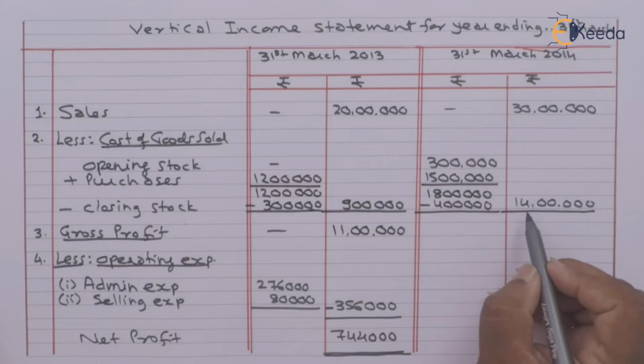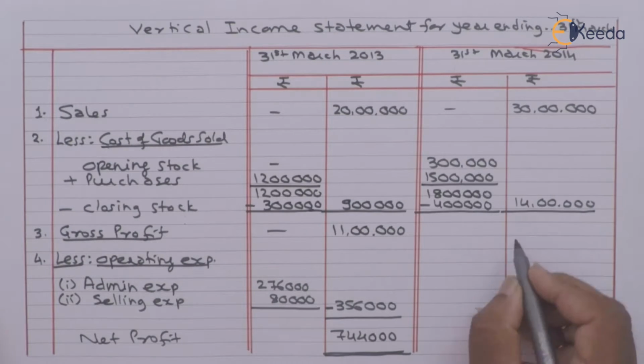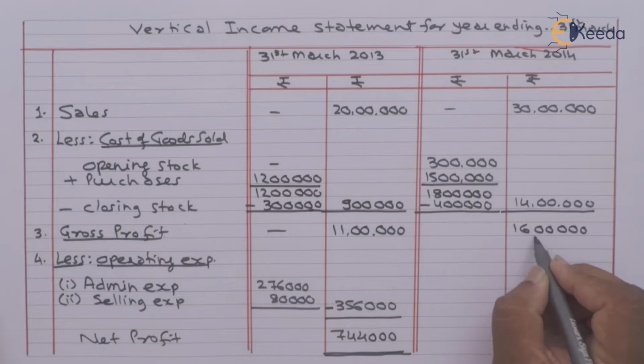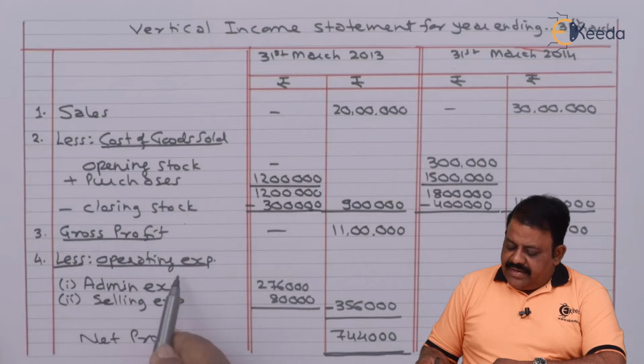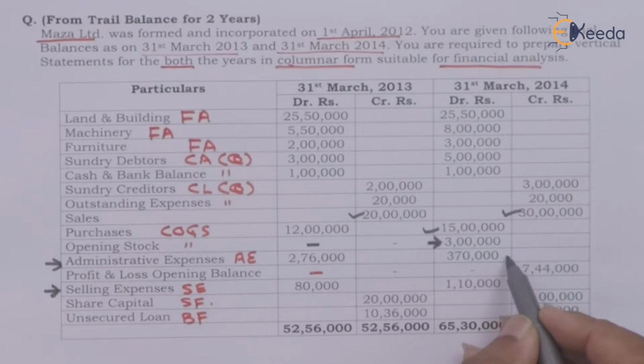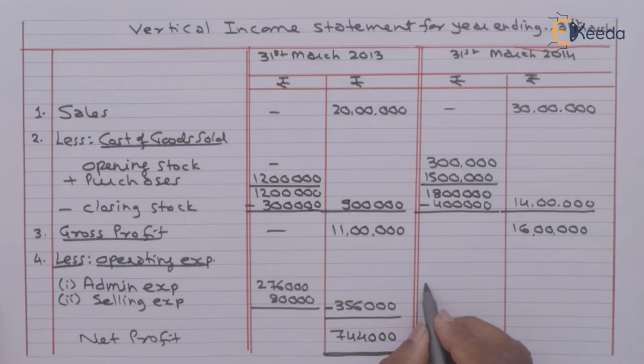From 30 lakhs, we'll have to deduct this 14 lakhs to arrive at gross profit. It is 16 lakhs. Less operating expenses. Admin 3 lakh 70,000. Selling 1 lakh 10,000.